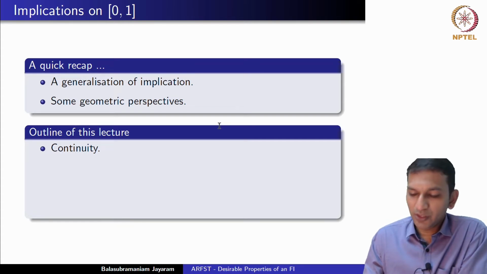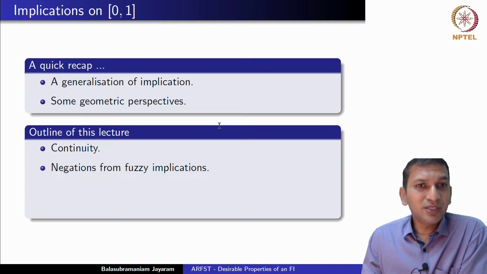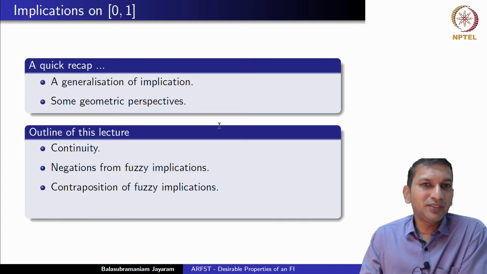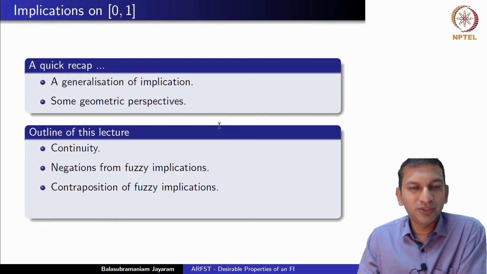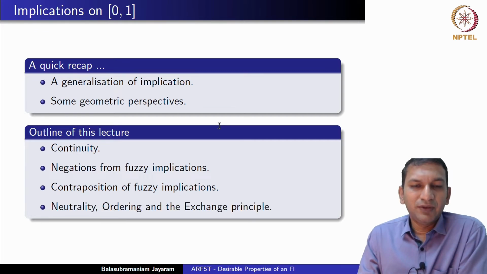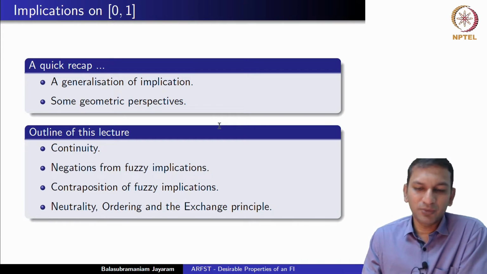Of course, continuity is one of them. We would also see how to get negations from fuzzy implications. And once you have negation, we could also discuss contraposition of a fuzzy implication. Most importantly, we would look at 3 or 4 particular almost algebraic operations that you could call that of neutrality, ordering principle, identity, and exchange principle.